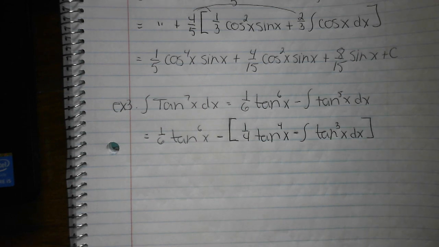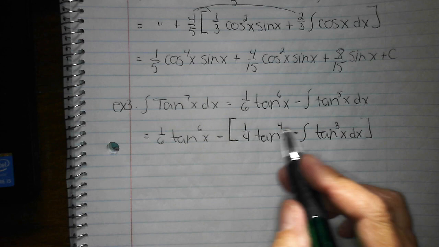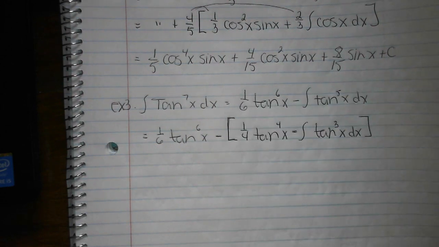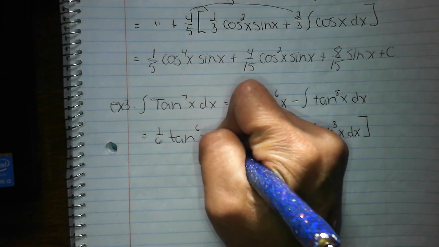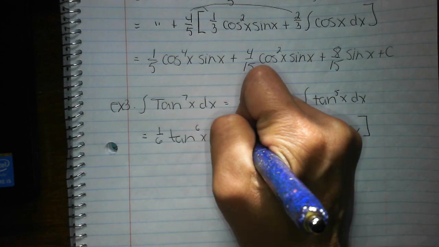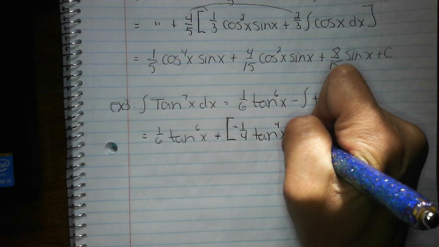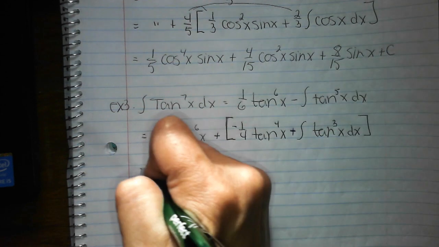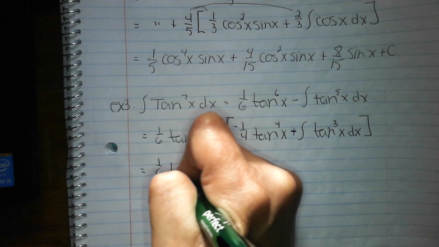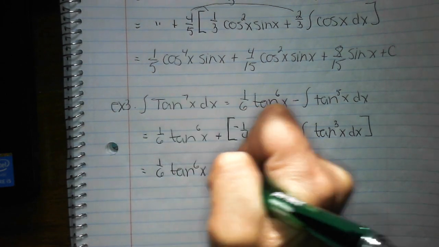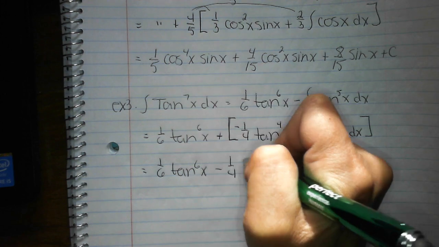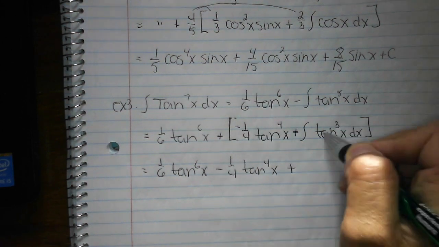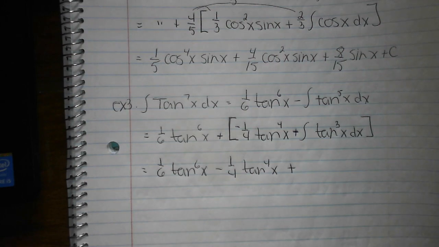So now I still have to run through it again, but I'm going to distribute this negative right now. So I'm going to change this to plus, negative, plus. So we've got 1/6 tan to the 6th minus 1/4 tan to the 4th plus, now I'm going to follow the rule again with the 3.